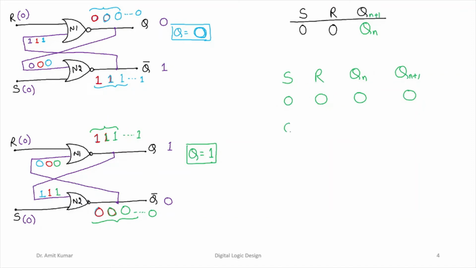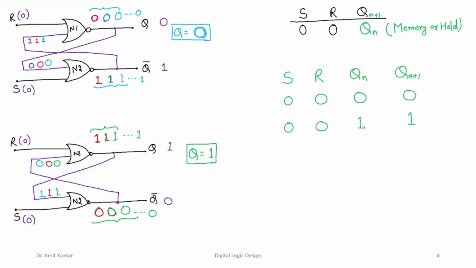Similarly, if inputs are 0 0 and previously at the output terminal Q a value 1 is there, after application of these inputs this Qn plus 1 is again going to retain that same value, that is 1. And we call this particular condition the memory state or hold state.